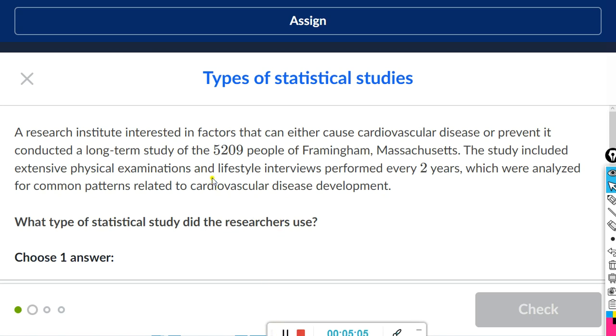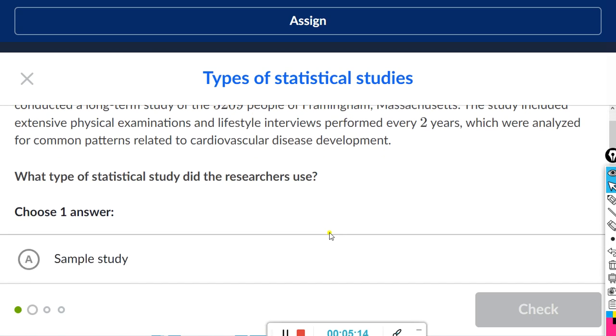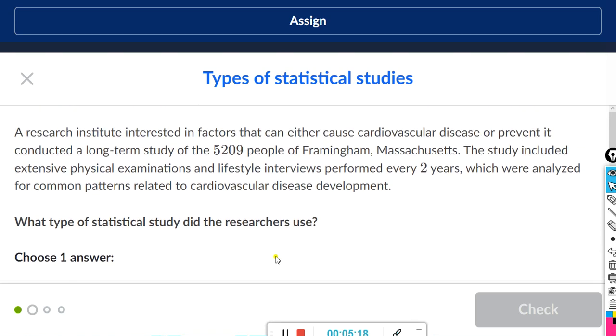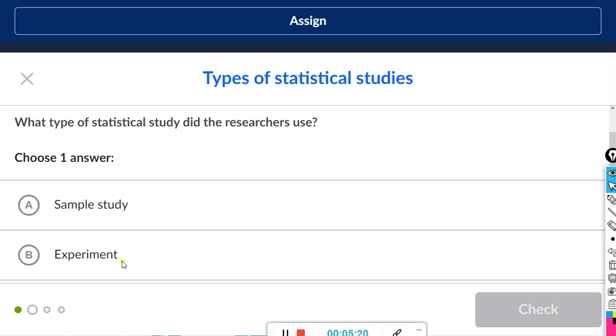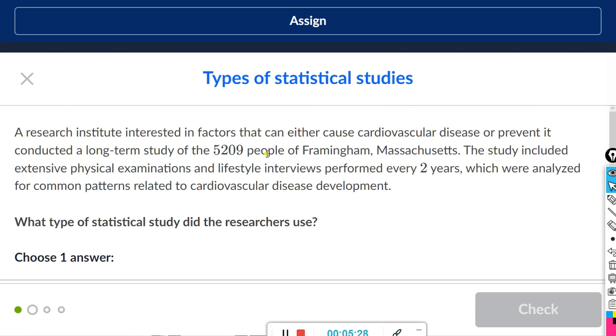So it looks like they studied all of the people in that one town or city, so it was not a sample. A sample is when you only do a portion of it. And an experiment is when you give the drug or test to one half and not the other half, and that's not what they did here.